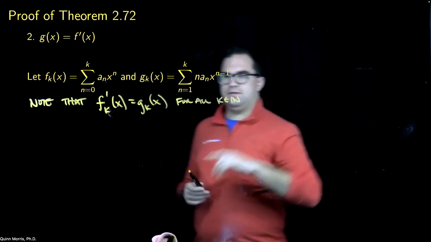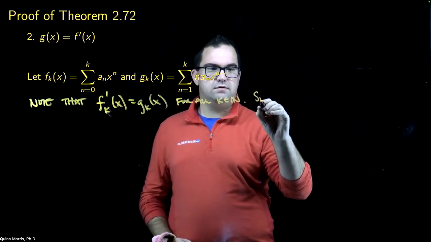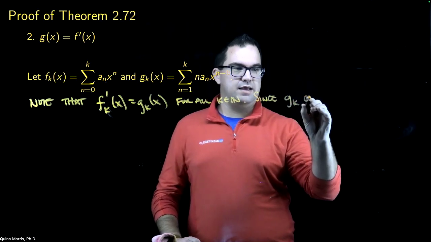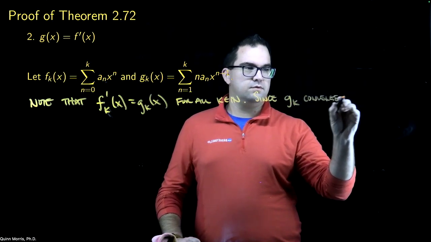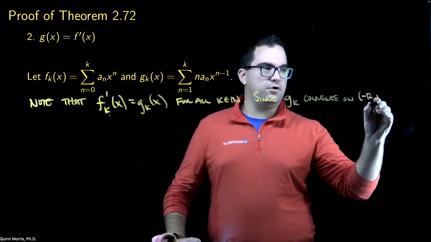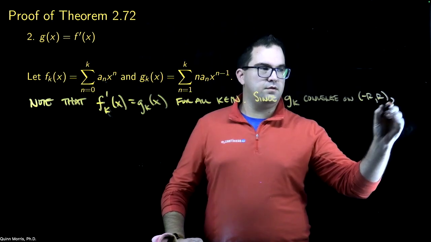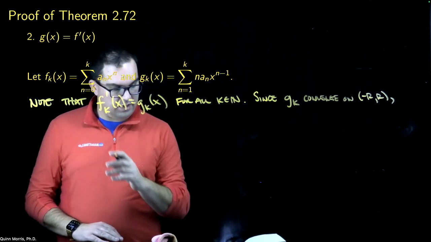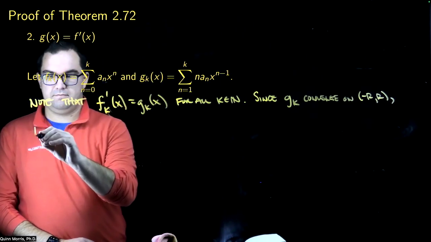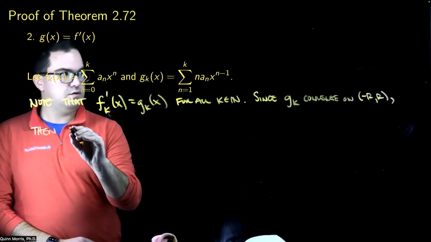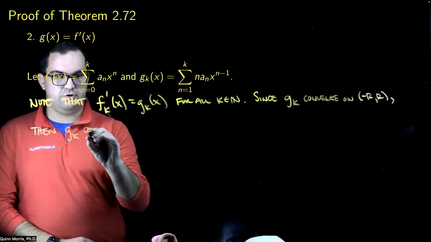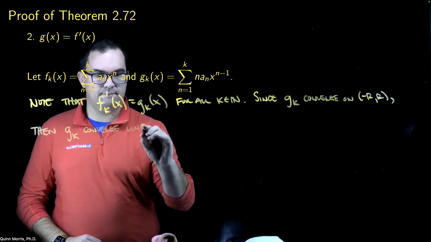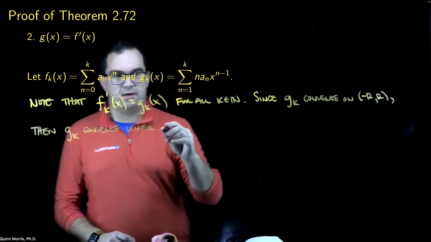Now, note that since the G sub k's converge on minus R to R, a theorem we proved in the previous video shows that the G sub k's converge uniformly on any closed subinterval.